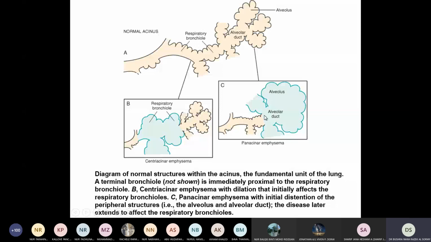So it takes the whole acinus, so we call it panacinar emphysema. Centriacinar emphysema usually starts in the respiratory bronchiole, and you can see the alveoli are spared, not affected. Okay, clear?